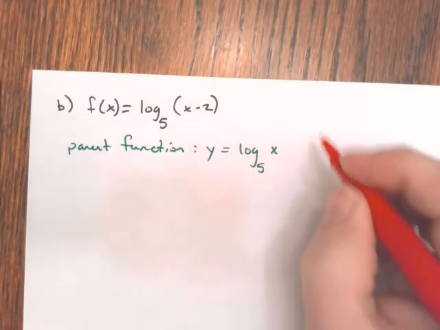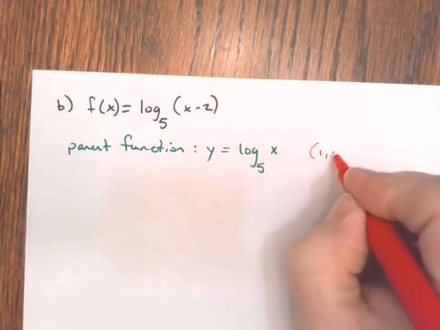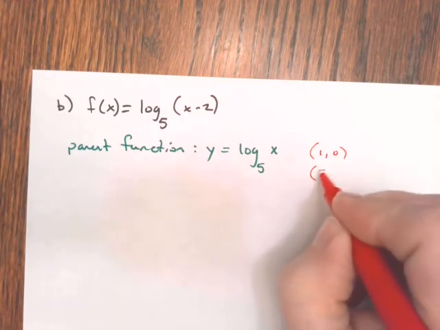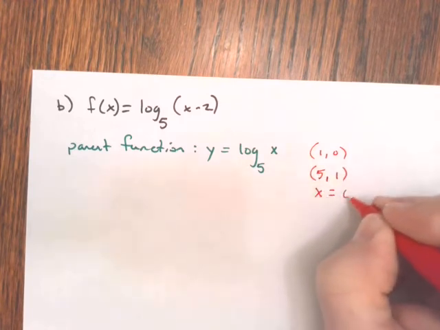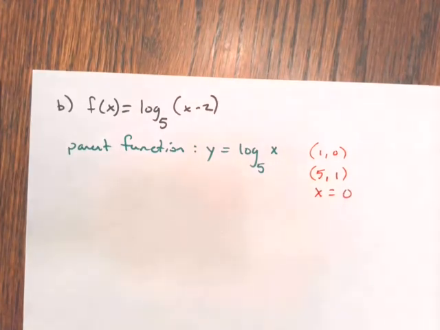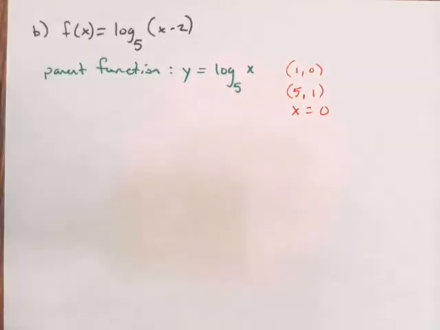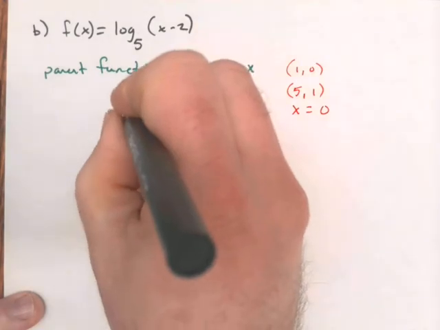And I know that all parent functions go through the point 1, 0, go through the point base, 1, so for this problem it would be 5, 1, and have a vertical asymptote right on our y-axis.